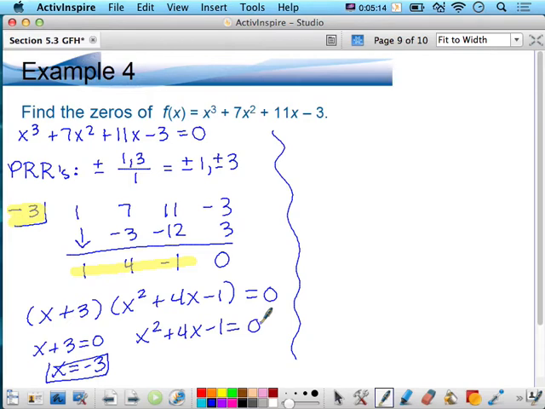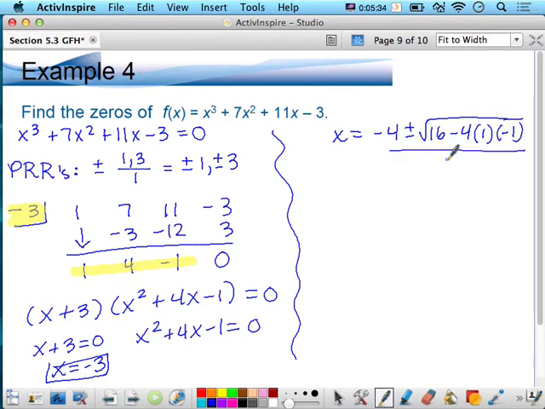So I'm going to go off to my other side here, and I'm going to perform the quadratic formula on that one. So x equals opposite b plus or minus the square root of b squared, positive 4 squared is 16, minus 4 times a times c, all over 2 times a, which in this case is 2 times 1.